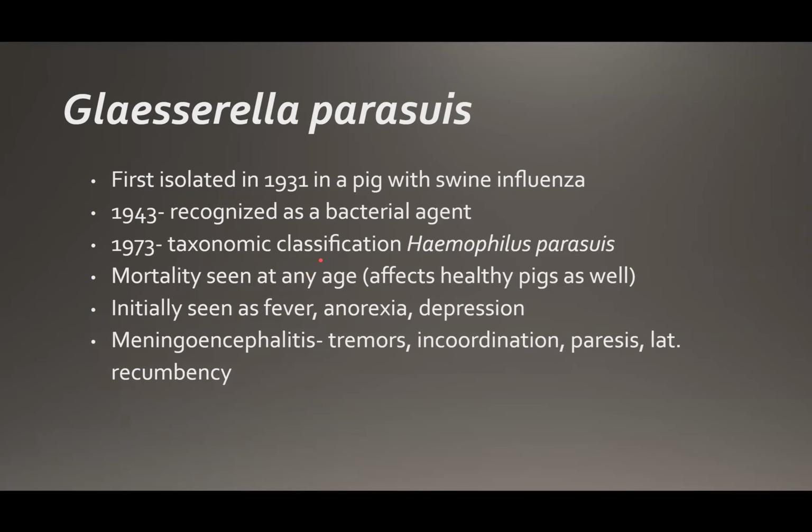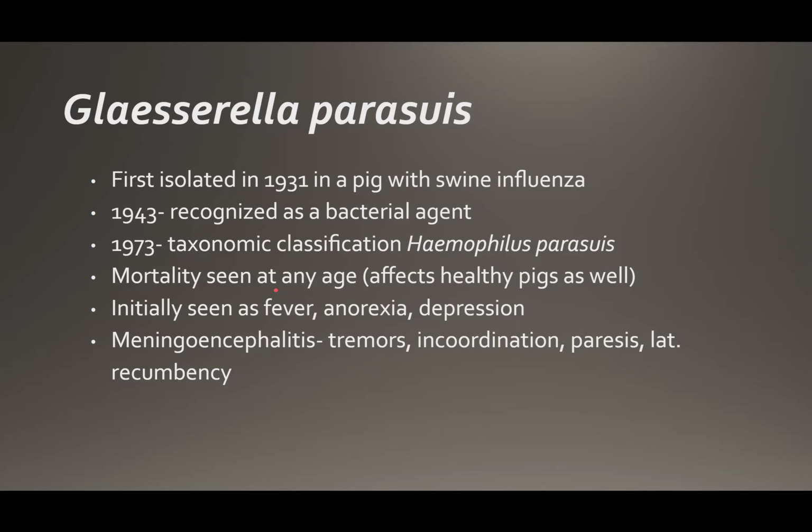So Glaesserella parasuis was first isolated in 1931 in a pig with swine influenza. Initially they didn't know that it was a bacteria. But in 1943, they recognized it as a bacterial agent and classified it under Haemophilus.